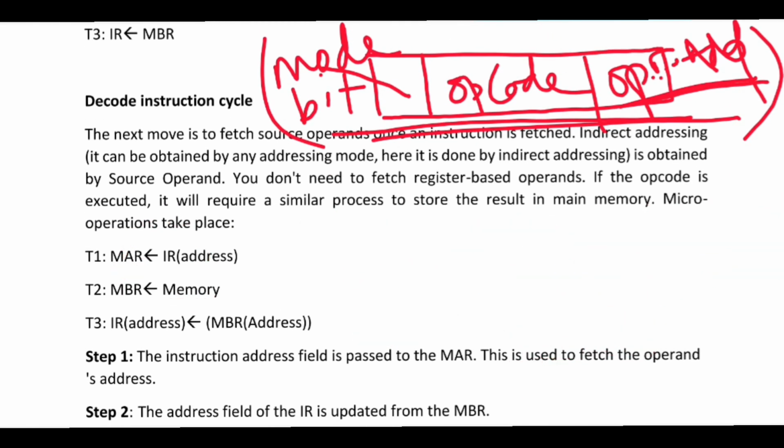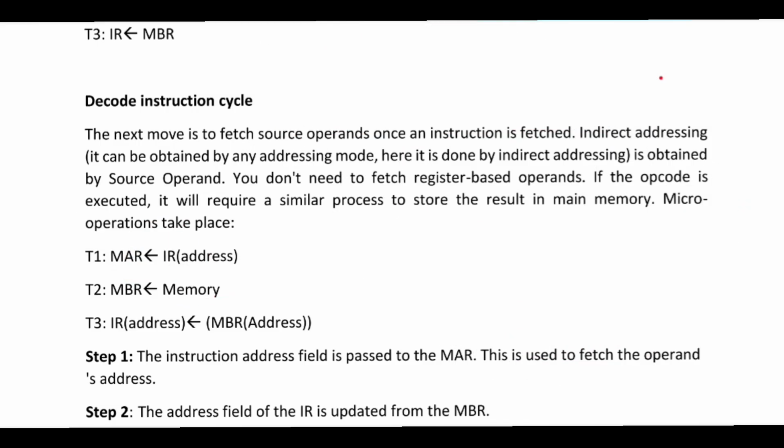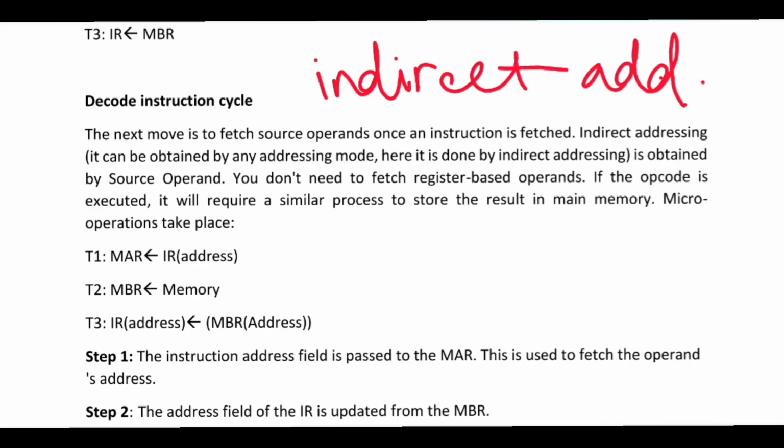Okay, then let's discuss indirect addressing. In indirect addressing mode, an address is given. In that address we get the address of our operand.